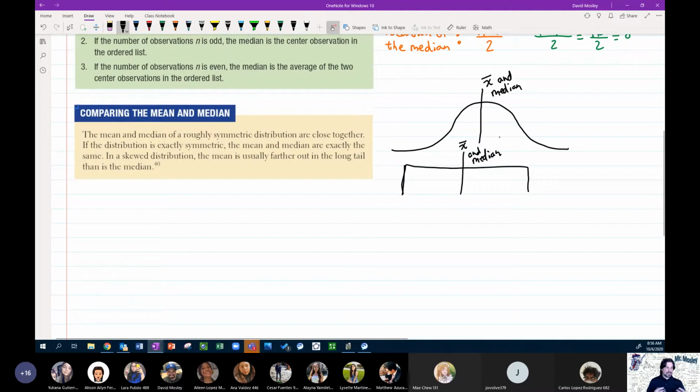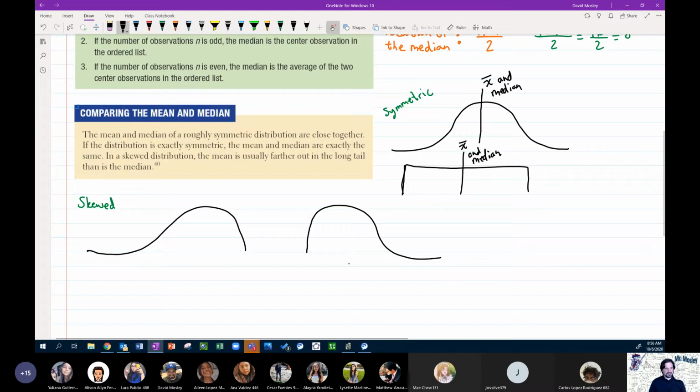In a skewed distribution, the mean is usually farther out on the long tail than is the median. These ones are symmetric. When we're skewed, we'll have graphs that might look like this, or like that.